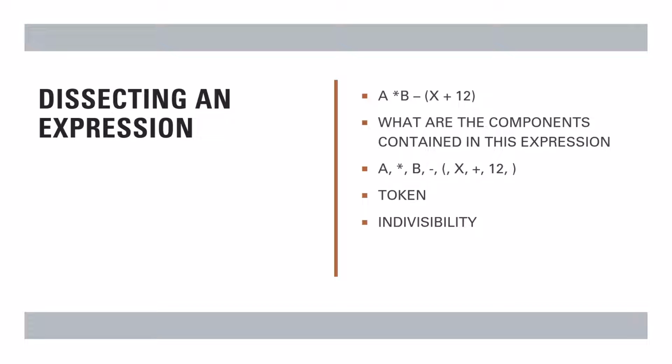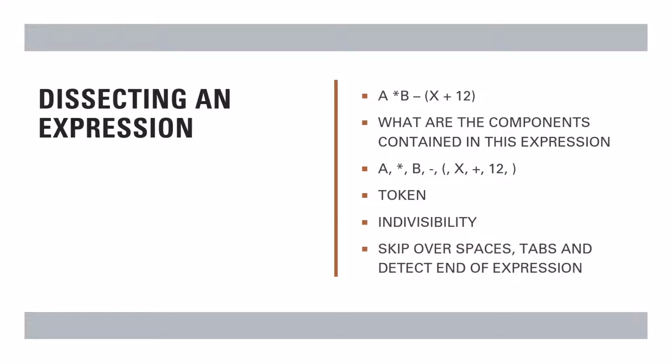So we break down the expression into its individual, indivisible components. And of course, we will use a function to do this. The function would also have to take care of skipping over spaces in the expression, tab characters, as well as detecting the end of the expression.